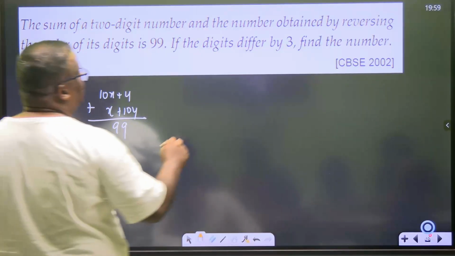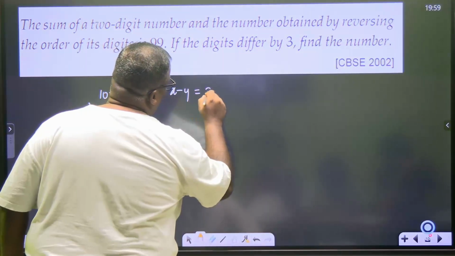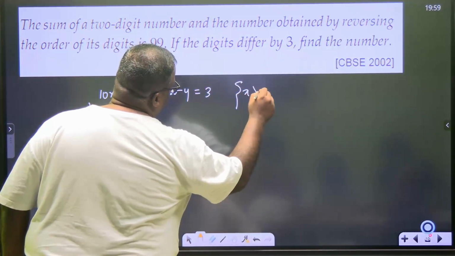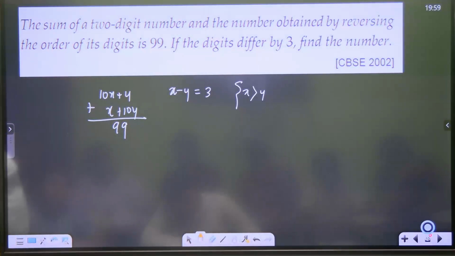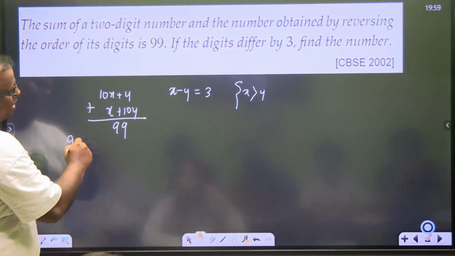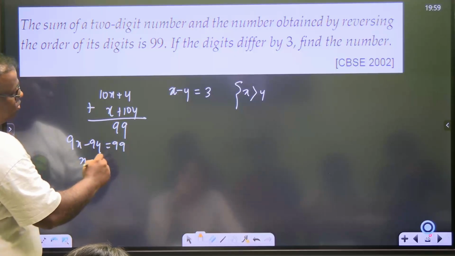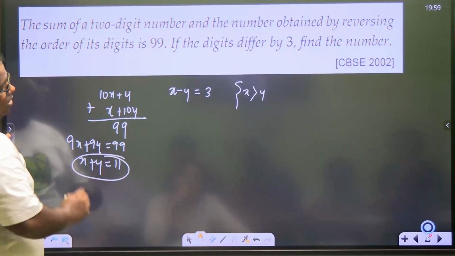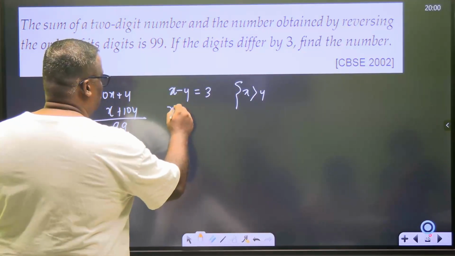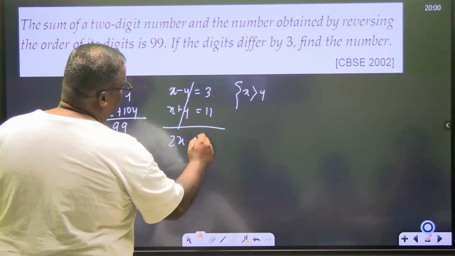If the digits differ by 3, that means x minus y is equal to 3, and you can write the word x is greater than y. Then only you're getting 3. So what is this equation giving you? 9x minus 9y is equal to 99. x plus y is equal to 11. And x minus y is equal to 3. Adding, 2x is equal to 14.